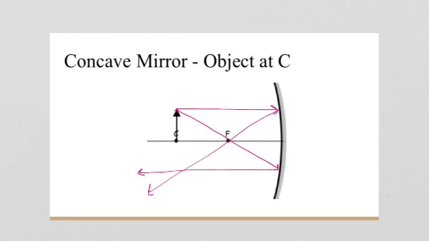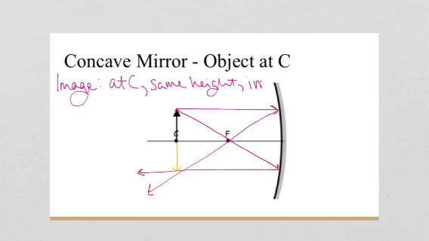And again, I'm not doing this with a ruler, so mine might be slightly off from where it should be. It should be that for an object at C, the image is located also at C. So the image is at C also. It is the same height as the object.